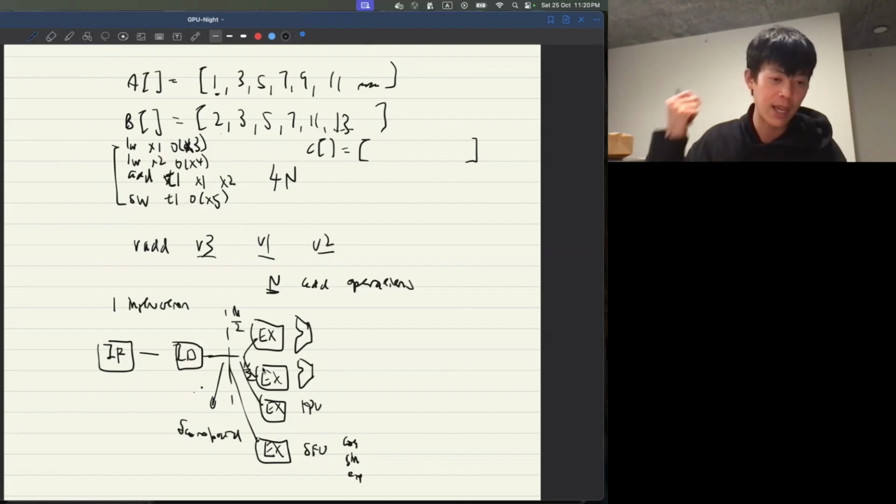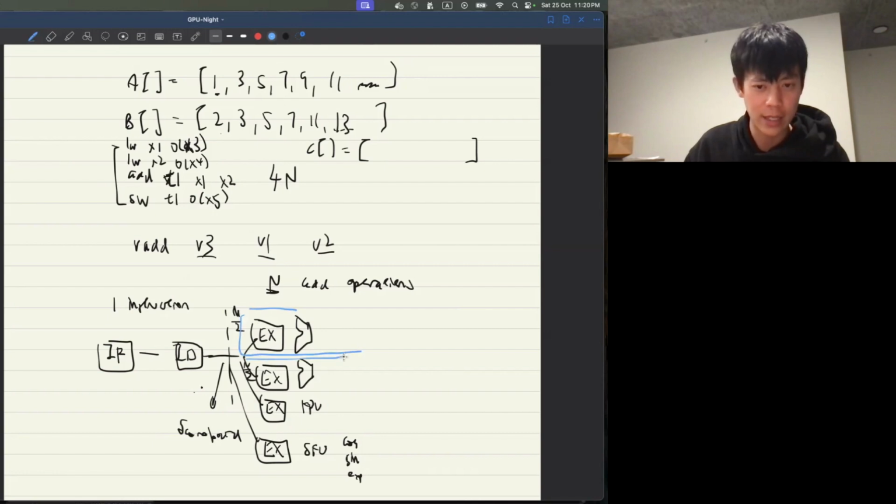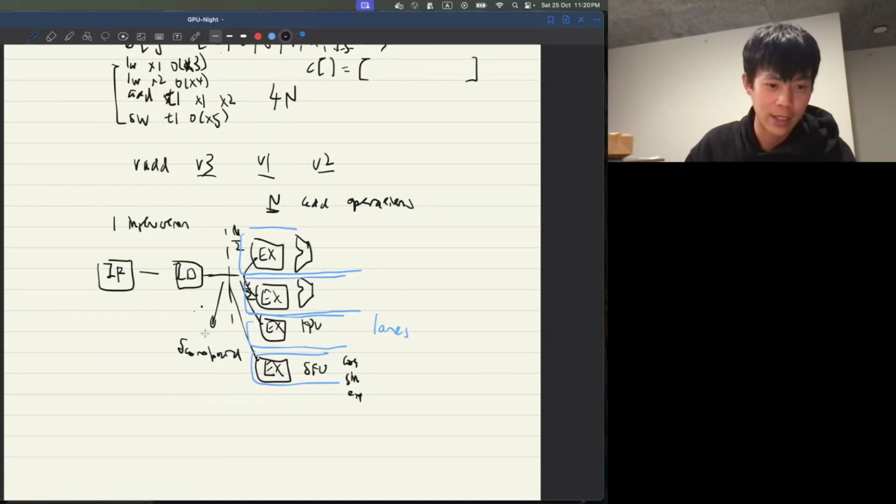If there's already something executing on the special function unit, you need to wait for a while first, right? This is exactly the same as in the airplane queues example that I just talked about. So let me just use blue here. Sorry about that. We call each of these backend execution units, and the component after, lanes, because it makes sense. They are all queues or lanes. And this is the vector architecture.